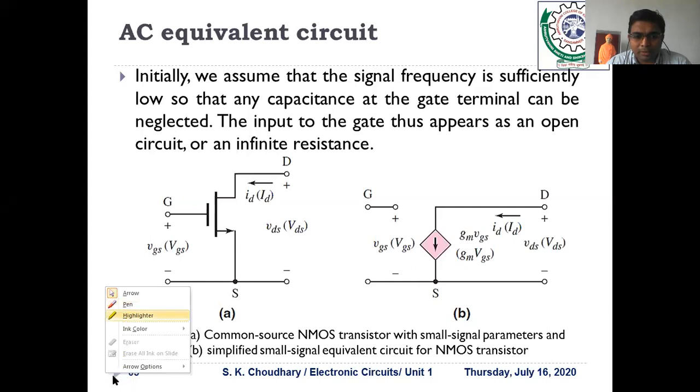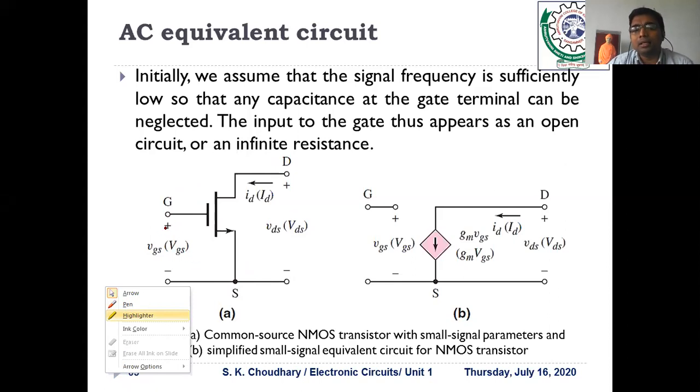This is the diagram of the N channel enhancement type MOSFET. This is the gate terminal, this is the drain terminal, and this is the source terminal. We have only considered the MOSFET here, and we have also assumed that this is an ideal MOSFET because it has infinite input impedance or resistance.